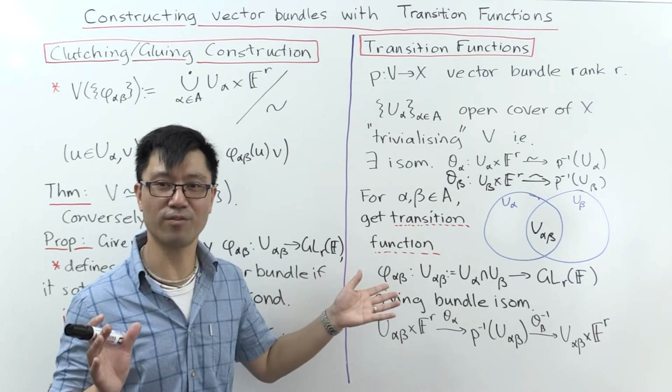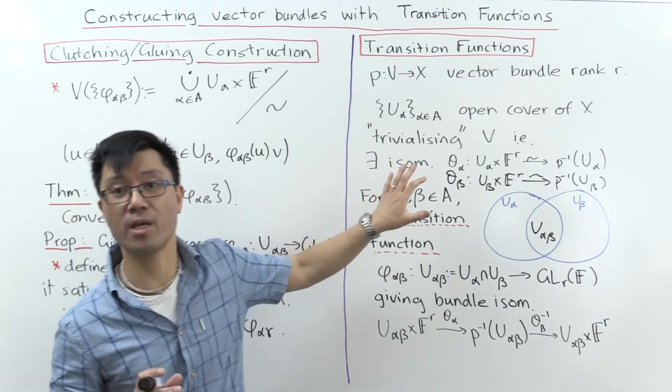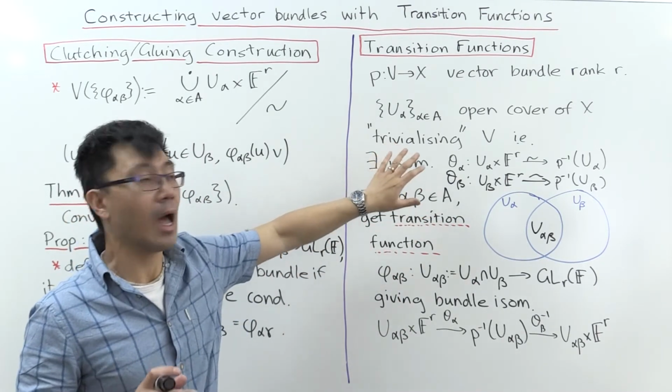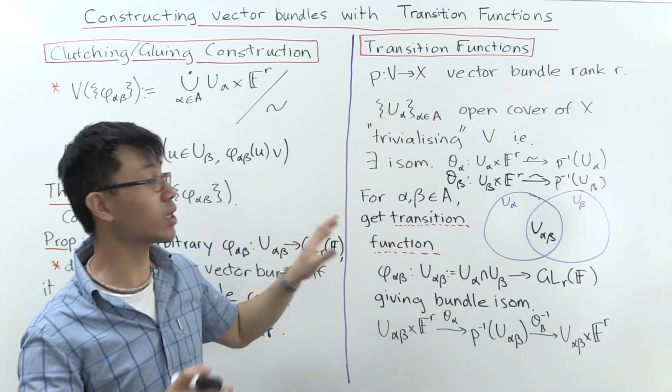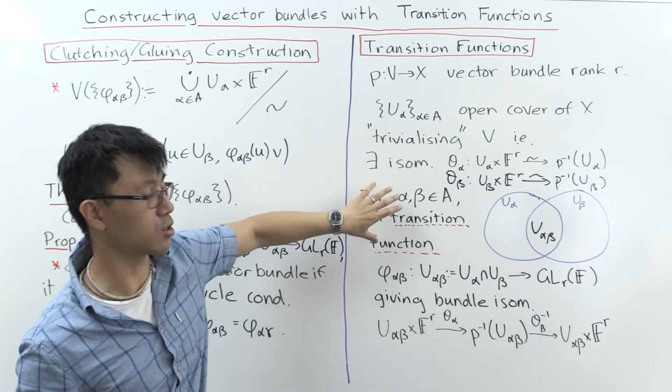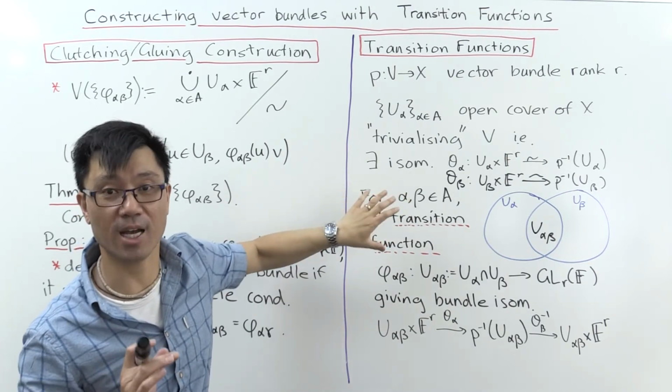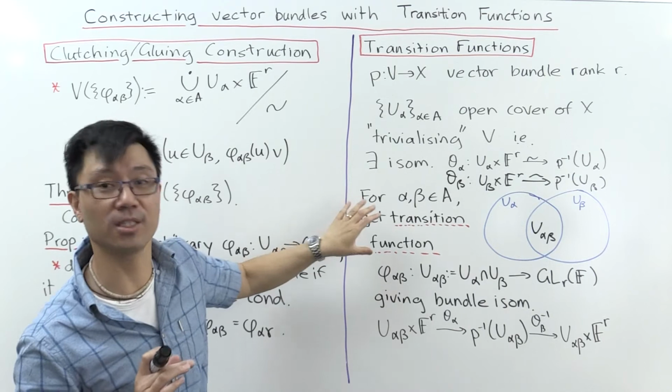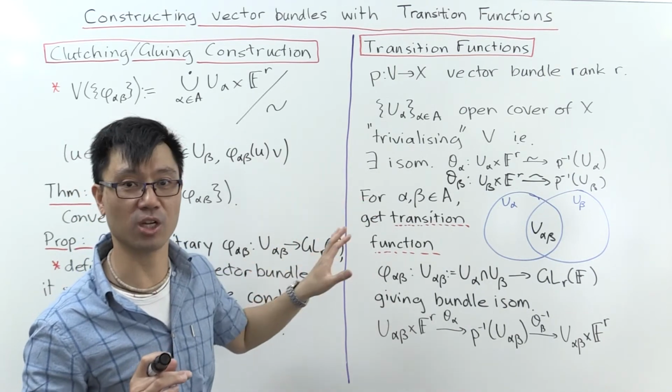Now, these transition functions actually capture all the information about the vector bundle. And to see that, we're going to reconstruct the vector bundle just using these transition functions, which we're going to think of as gluing data, just as we built that Mobius band using a gluing type of construction.